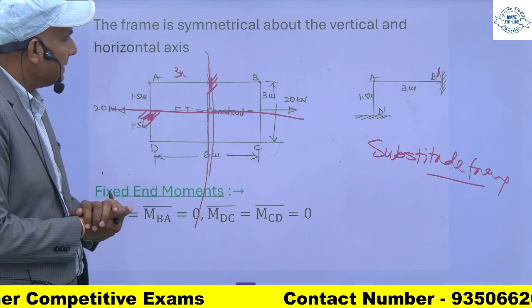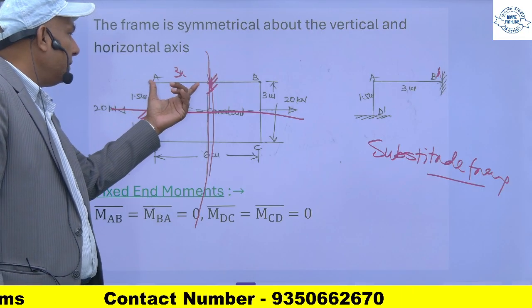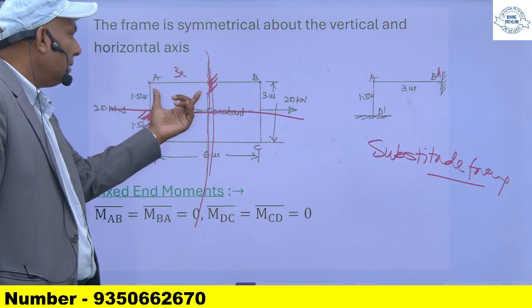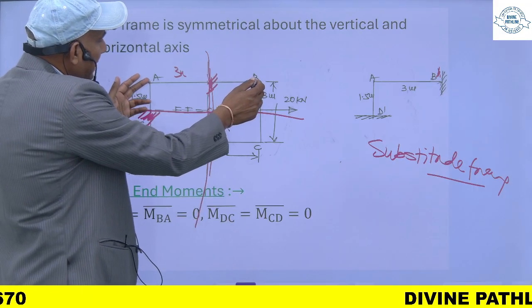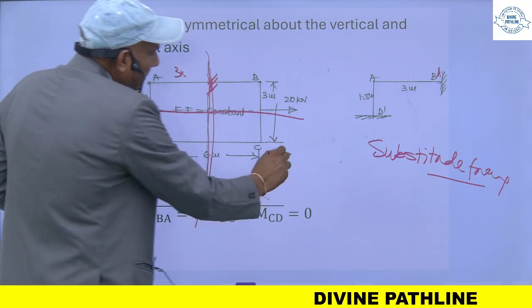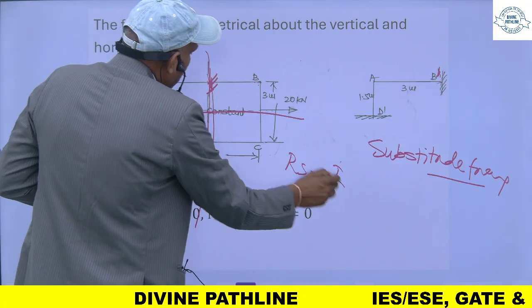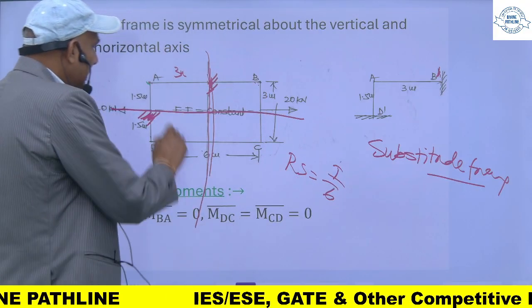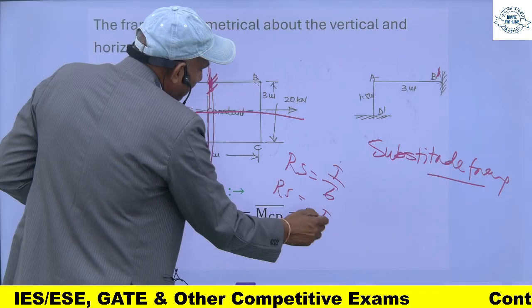Now one thing is there, everything will be same, but the relative stiffness of this member will now be half of the relative stiffness of AB. So what is the relative stiffness of this member? This is I upon 6, and relative stiffness of this will be I upon 3.